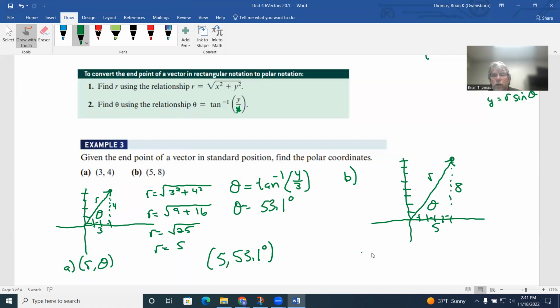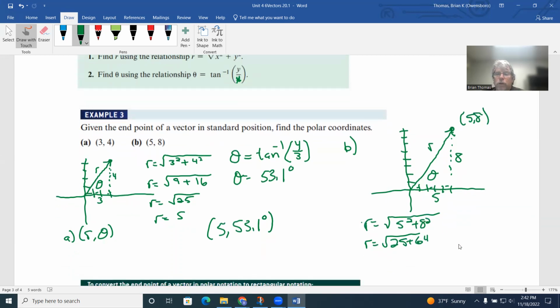To find r, this ordered pair was 5, 8. We use the Pythagorean theorem with the endpoint, 5 squared plus 8 squared. So r is going to equal the square root of 25 plus 64. That's 89, so r is the square root of 89.